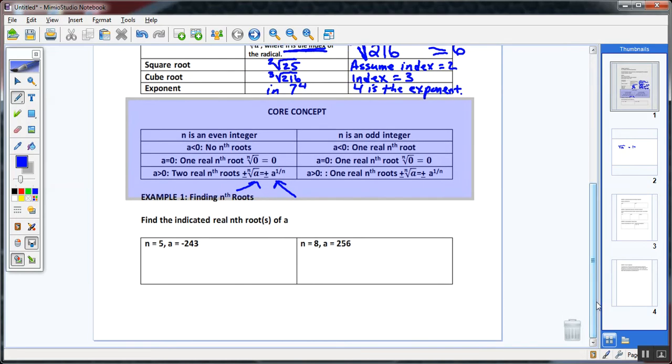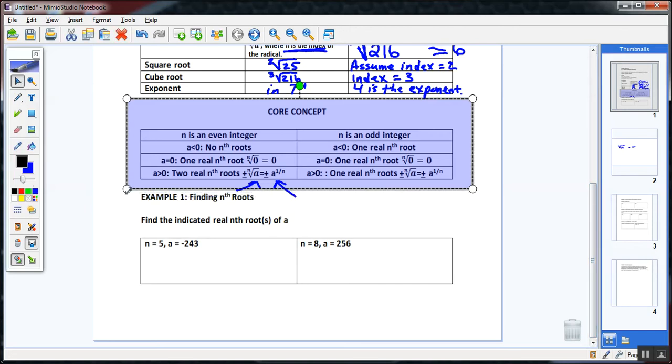Example 1 says finding nth roots. All right, kids, I'm going to show you how this works. First of all, it says find the indicated real nth root or roots of a.